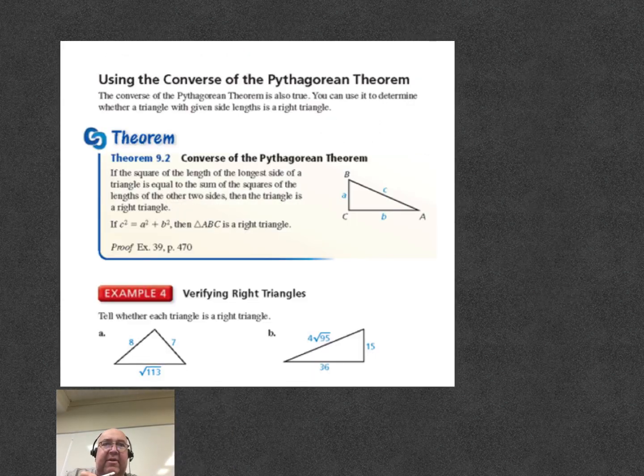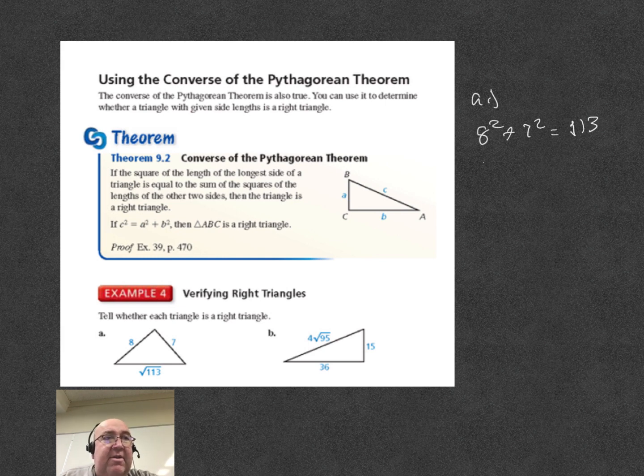The converse of the Pythagorean theorem says that if two sides squared add up to the other side squared, then it's a right triangle. So we want to look at number A, and we want to see if 8 squared plus 7 squared is equal to 113, because they're taking the square root of 113.